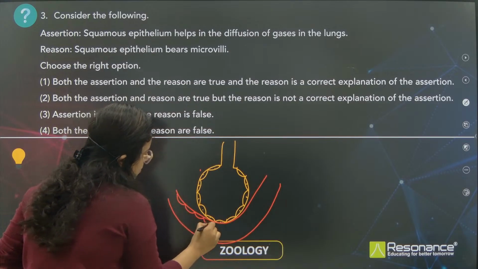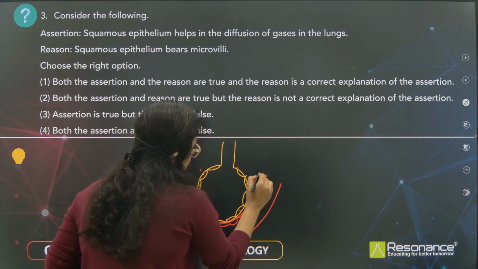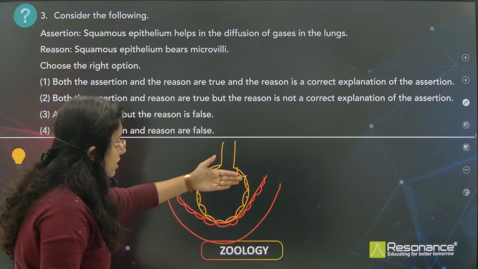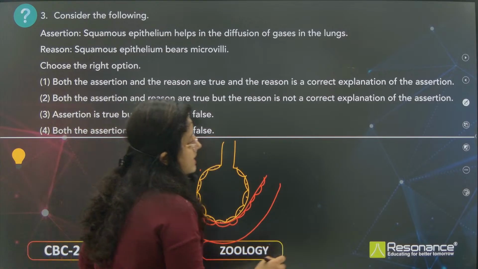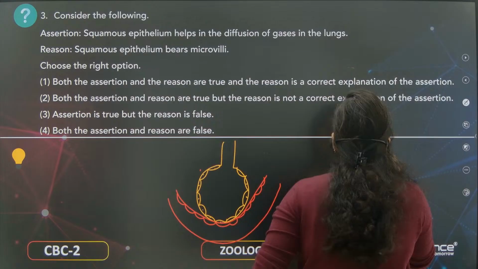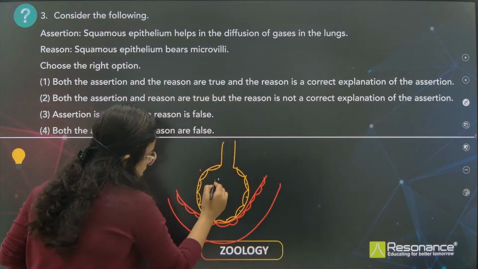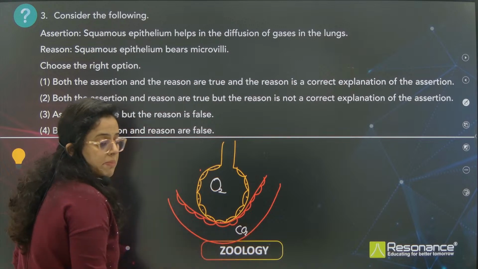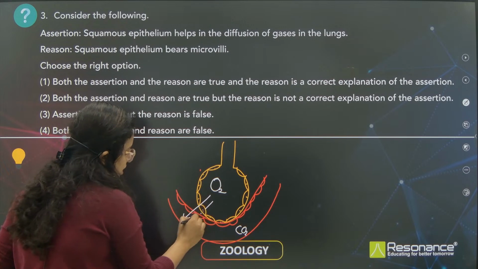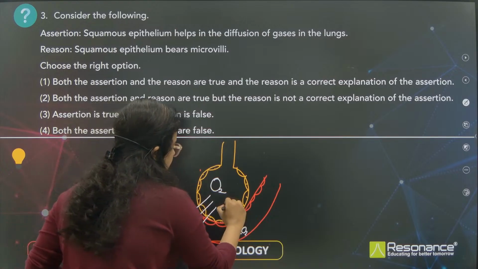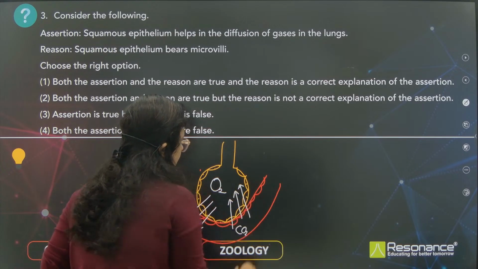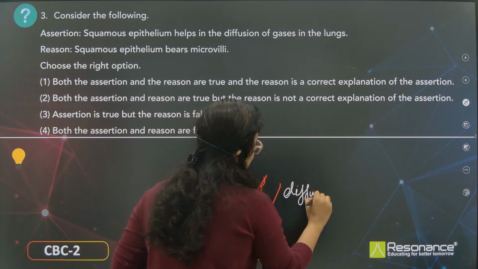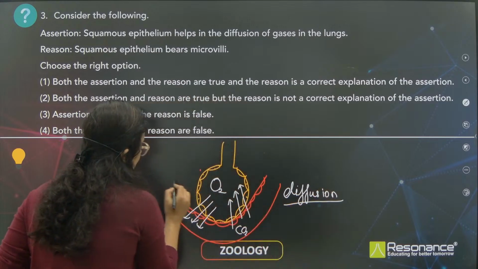These capillaries are also made up of squamous epithelium with no intercellular spaces and no space between capillary and alveoli. What happens over here? Exchange of gases. Oxygen concentration will be more in the alveoli and carbon dioxide concentration will be more in the capillaries, right? So oxygen will come into the blood capillaries, whereas carbon dioxide will move to the alveoli. So this diffusion of gases is happening in the lungs because of squamous epithelium.